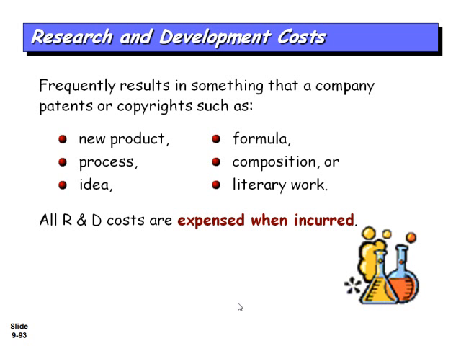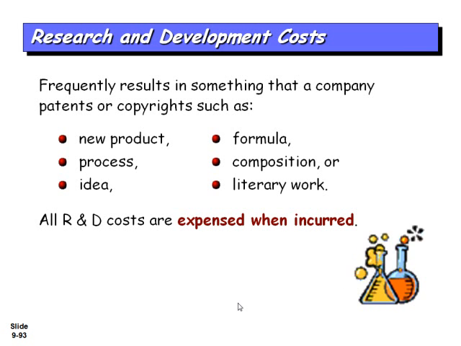Now, frequently, companies have research and development. If you go to work for a company, you want to make sure that the company does research and development. You don't want to work for a company that's never going to come out with new products. Research and development costs are expensed when they are incurred, even though sometimes they result in new products, new processes, new ideas.